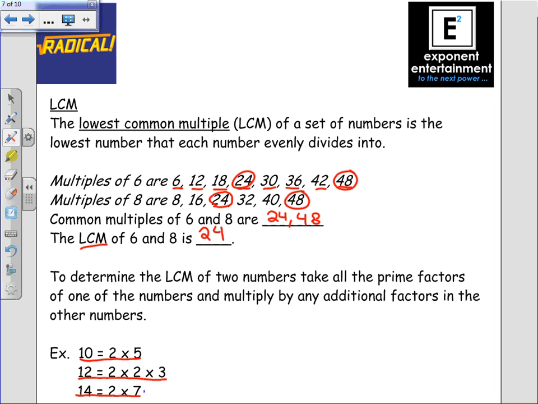And what you're going to do is, instead of taking, before we found all the ones in common, now we're going to use all of them. And we're going to use the smallest number. So, the lowest common multiple, we're going to look at the number 10. And we have a 2.